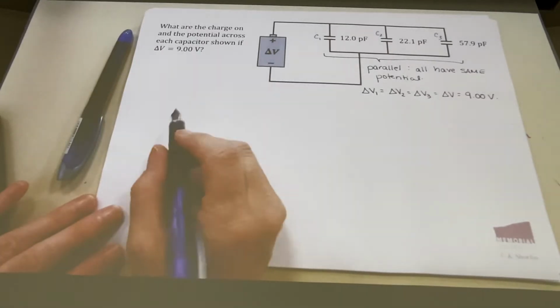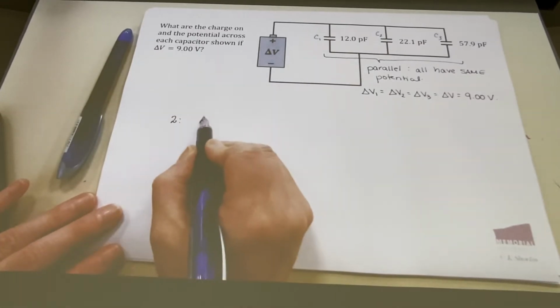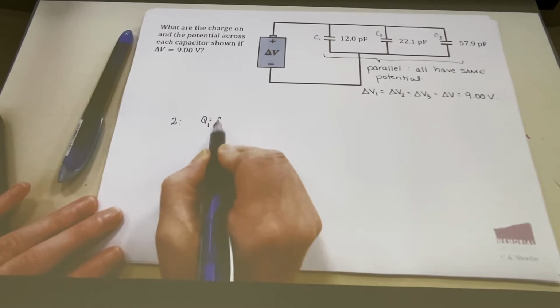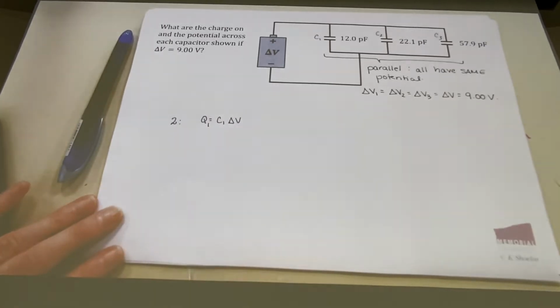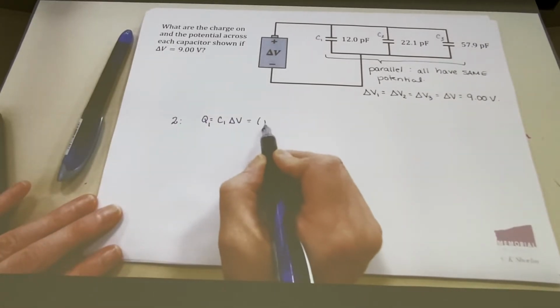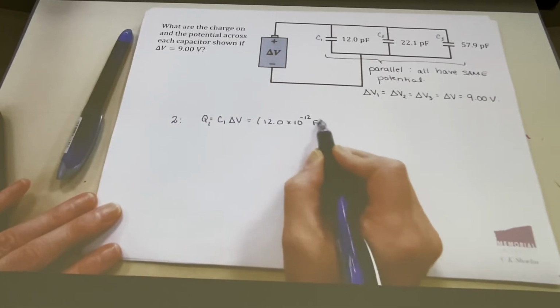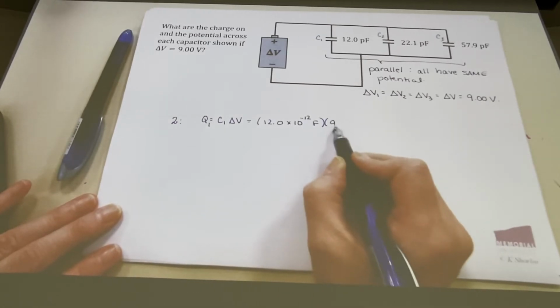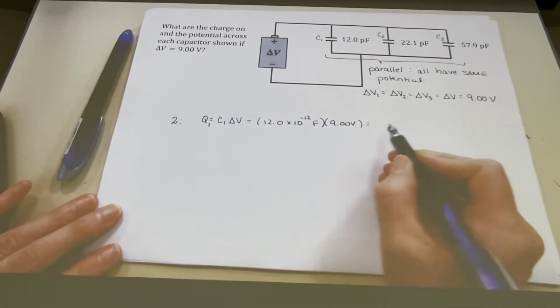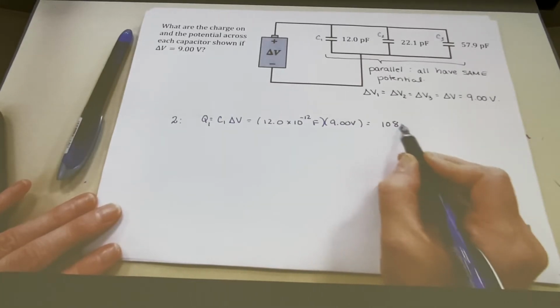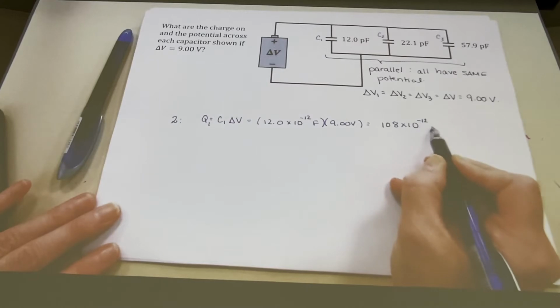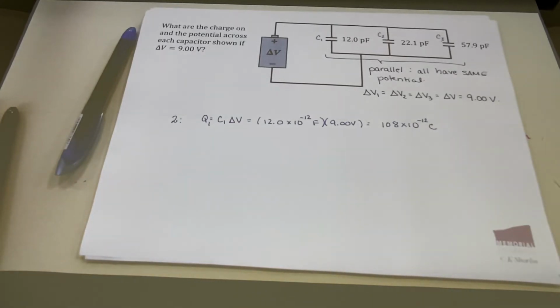So for our charges, Q1 is equal to C1 times delta V. So C1 is 12 picofarads, or 12 times 10 to the minus 12 farads, times my potential 9 volts, gives me 108 times 10 to the minus 12 coulombs. And if you preferred to write that as 108 picocoulombs, that would be just fine.